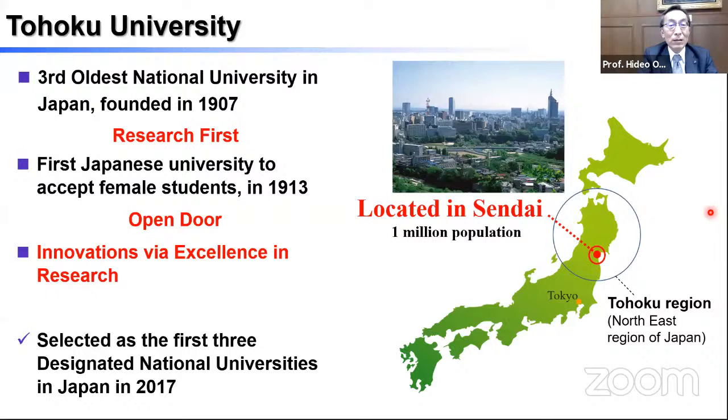So this is our university. Our university is located in the city of Sendai, 300 kilometers north of Tokyo, Japan, and the population is about 1 million. We are the third oldest national university in Japan, established in 1907. And we are also the first Japanese university to accept a female student back in 1913.